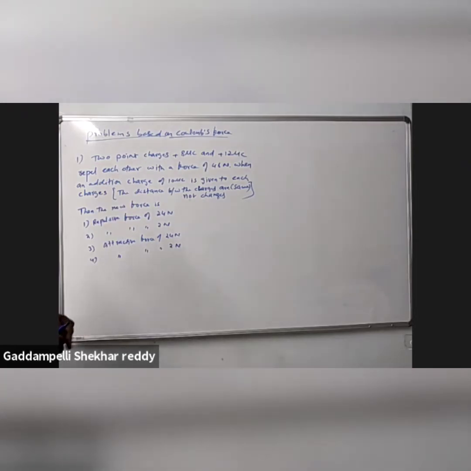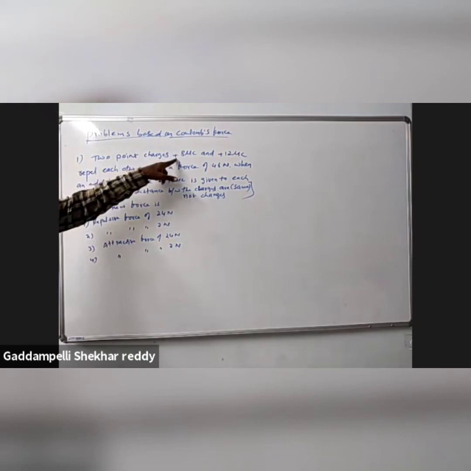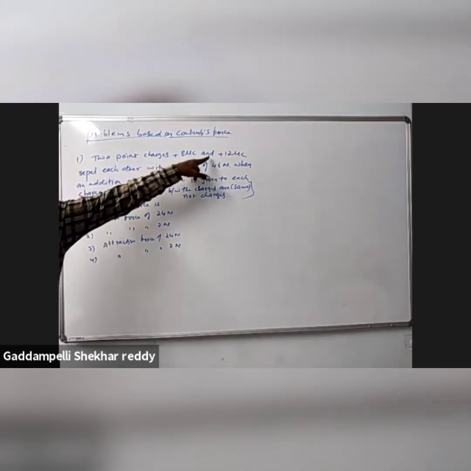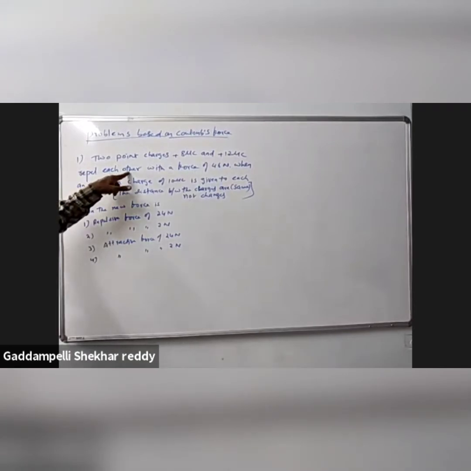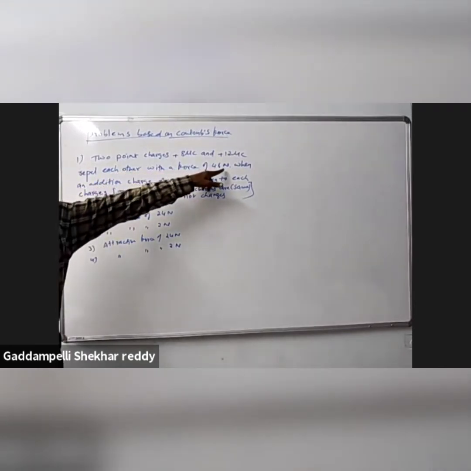So now, problems based on Coulomb force. First problem: two point charges, plus 8 microcoulomb and plus 12 microcoulomb, repel each other with a force of 48 Newton.